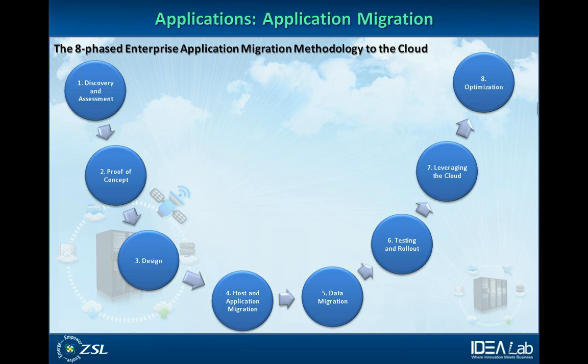The seventh and eighth phases are really once your application is in the cloud, to see how you can leverage the advantages of the cloud, the scalability, the on-demand, scale-out features of the cloud, how to exploit them for your application. Perhaps there are some optimizations. There are maybe some cloud instances that don't need to use all the memory that they've been assigned.